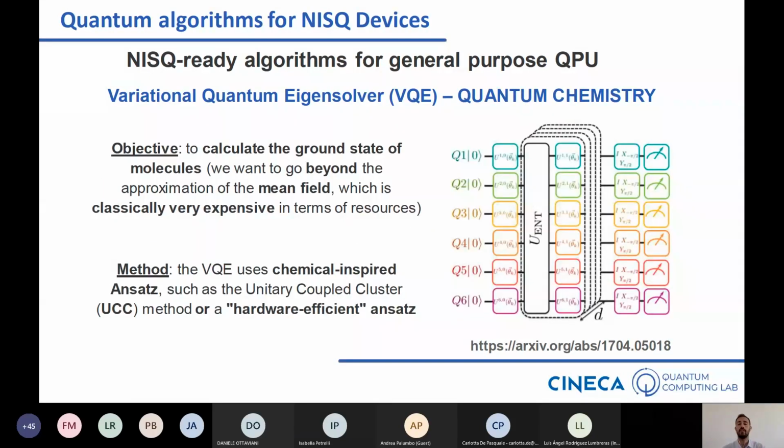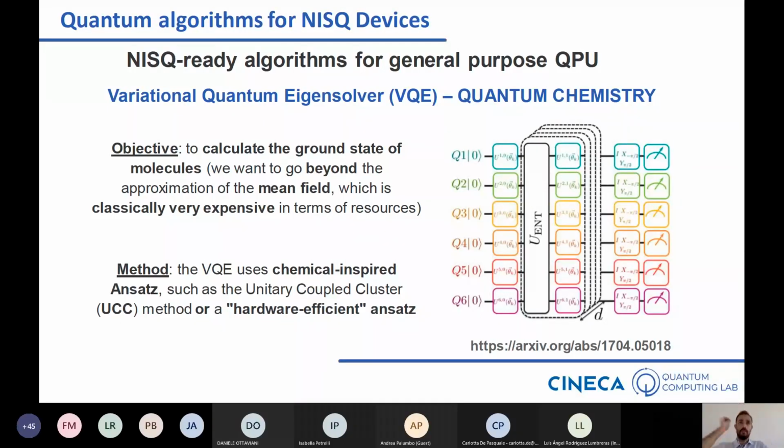So in VQE, again, the objective is to calculate the ground state of molecules. The idea is, if you have a powerful enough quantum computer, we will be able to go beyond the mean field approximation, that is something nowadays used in quantum chemistry, but which is, however, classically very expensive in terms of resources.